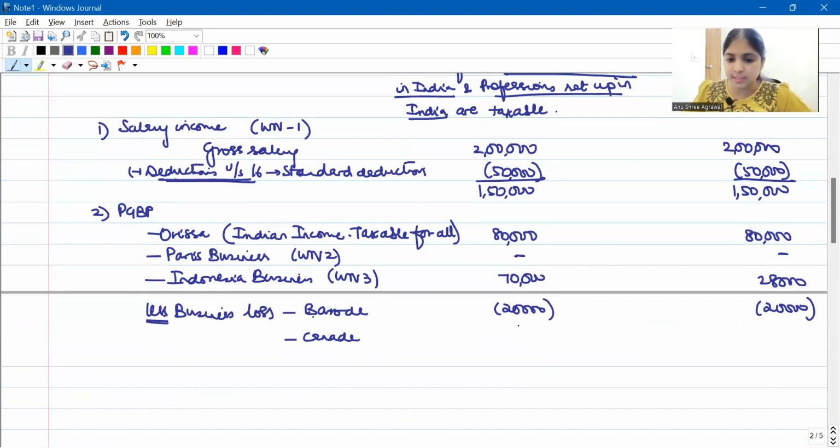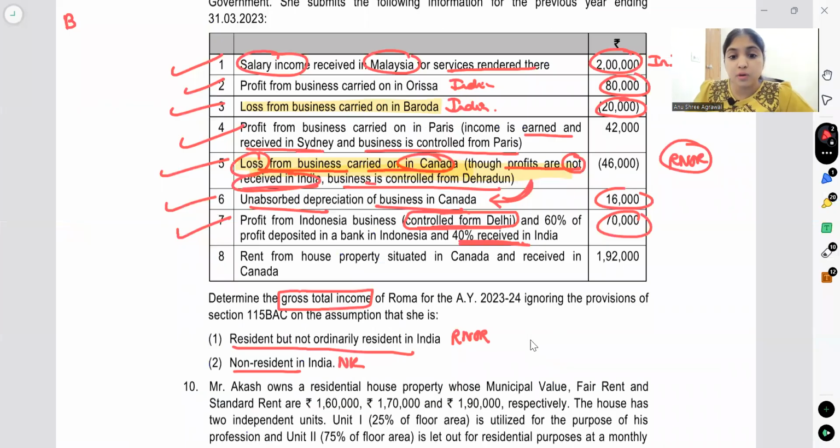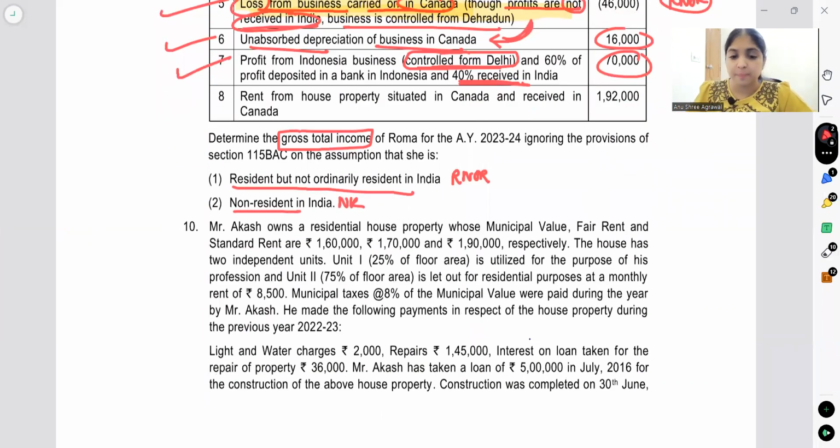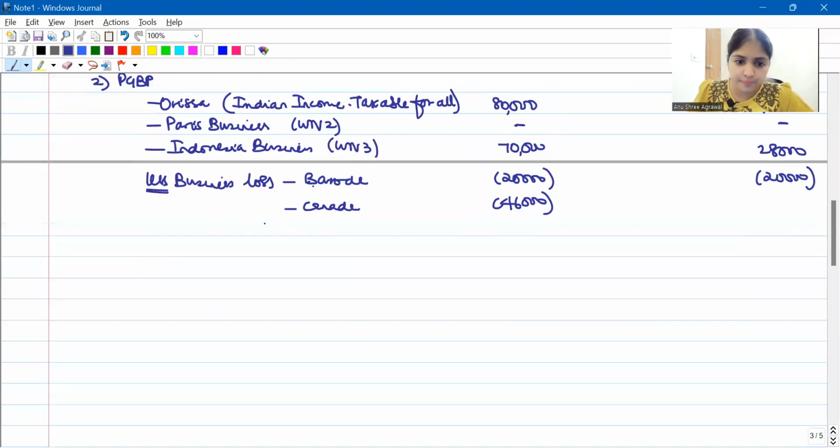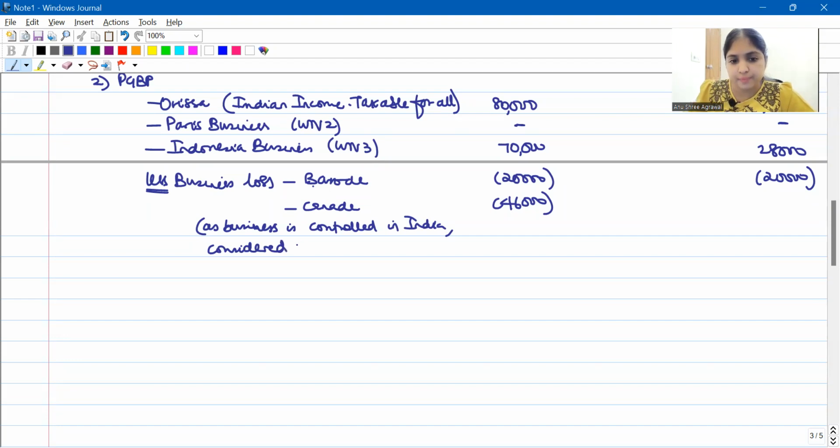How much is it? 46,000. Why are we considering for RNOR? Because it is from a business controlled in India. So in brackets, write down over here, as business is controlled in India, considered for RNOR. All right, 46,000 here and 0 here.